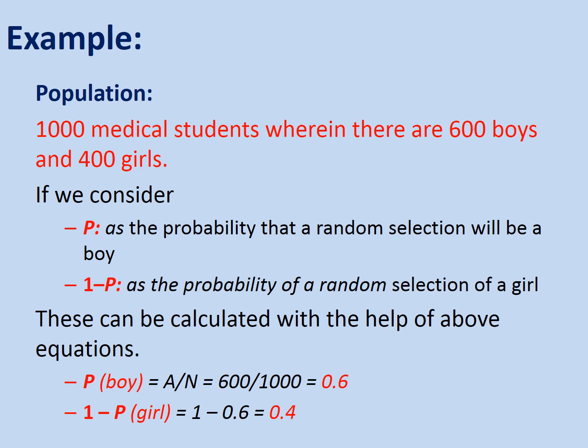So the attribute here is 600, divided by the total of 1000 students. So the probability of random selection of a boy is equal to 0.6, and the probability of random selection of a girl is equal to 1 minus P, that is 1 minus 0.6, which is 0.4.